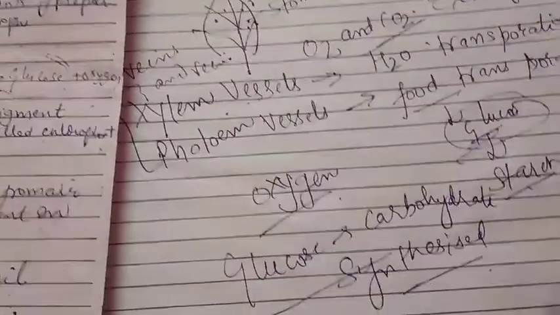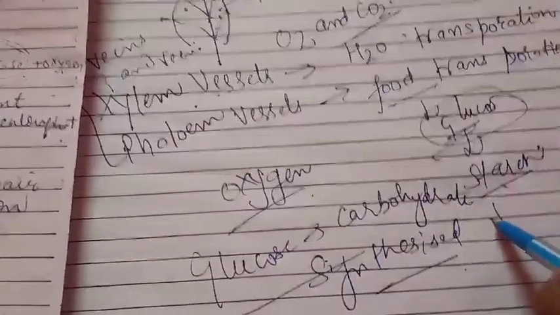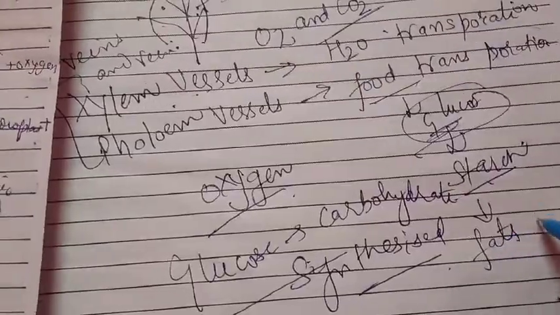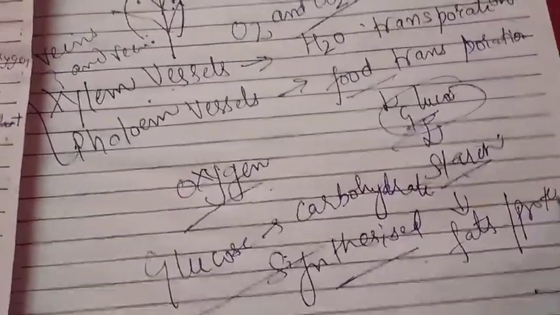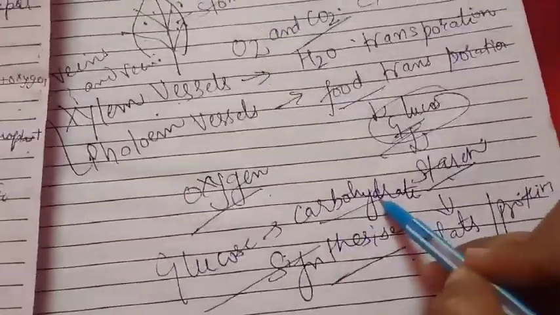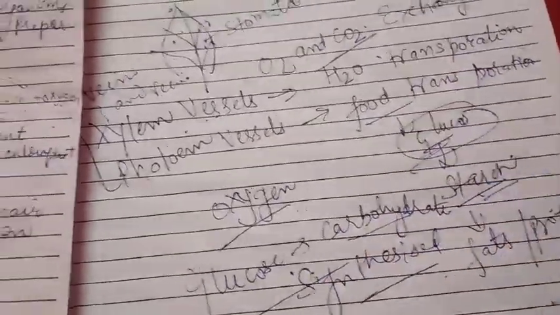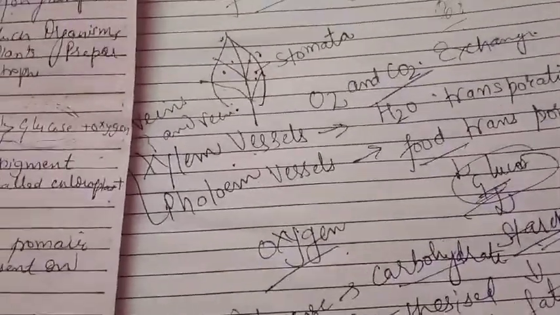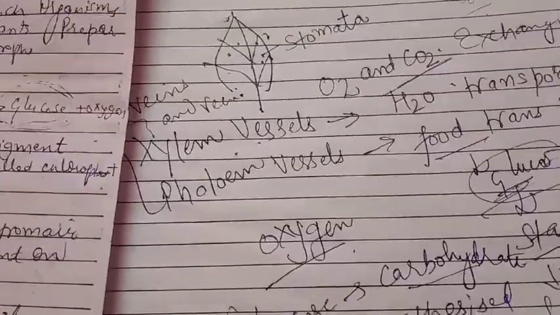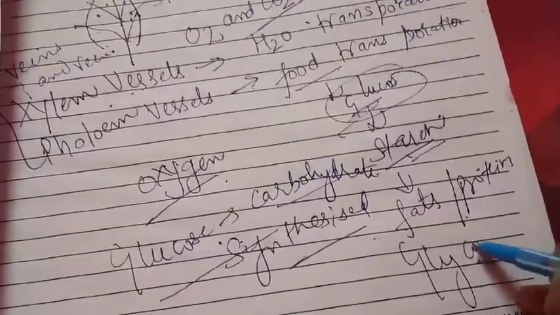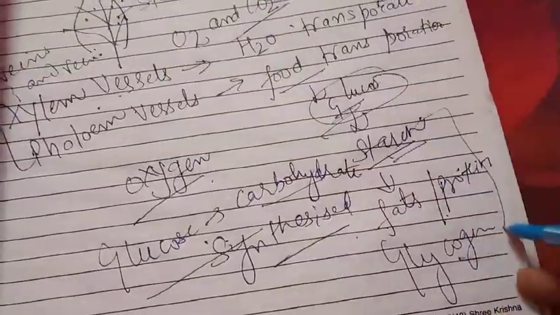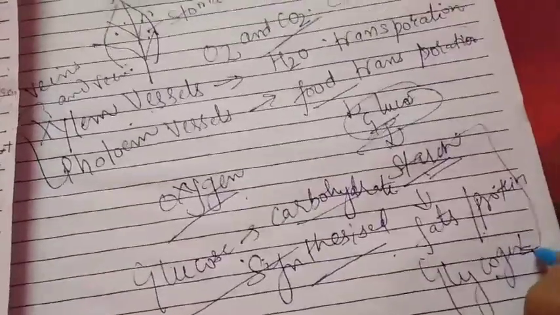Now, that glucose, that carbohydrate, is converted into fats and proteins. First, the carbohydrate glucose is converted into starch, and when carbohydrate is formed in excess, it is further converted into fats, proteins and glycogen, as this starch is converted into glycogen.